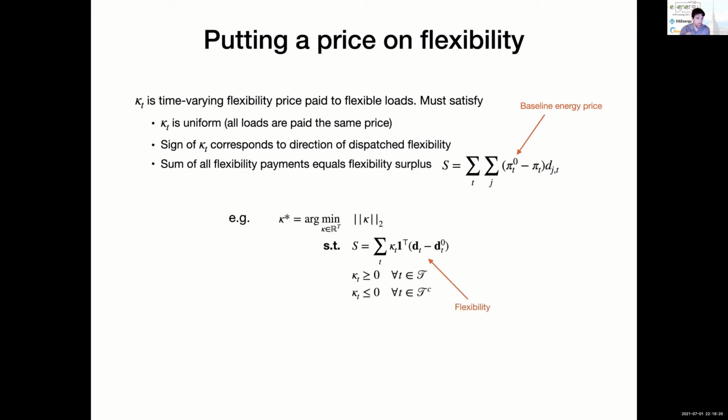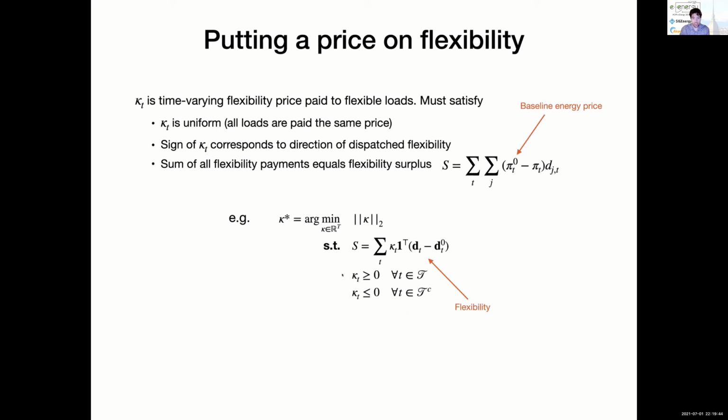So for any price kappa that satisfies these properties, we have our provable properties, which I'll get to in just one second. For example, what we do in our work, we propose this optimization-based formulation. Now, this is not the only one. We also discuss a couple of other designs for kappa, but here's one that satisfies these three properties.